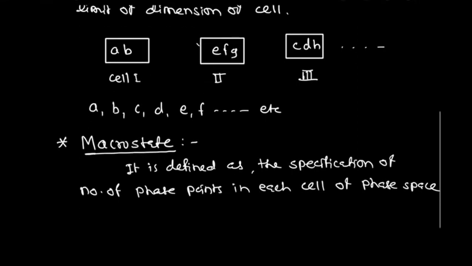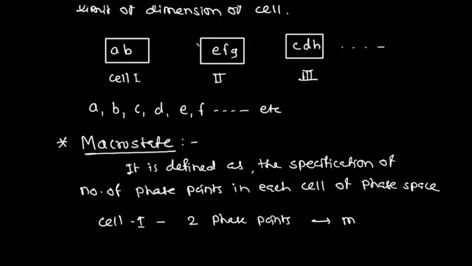Now see, in that earlier example, cell 1 contains 2 phase points. It is one of the macrostates. Cell 2 specifies 3 phase points.